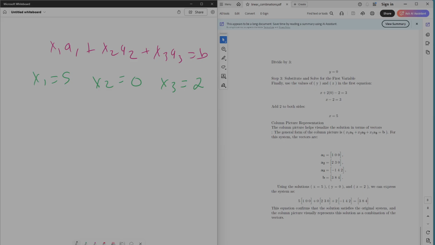The final column picture can be represented as follows.